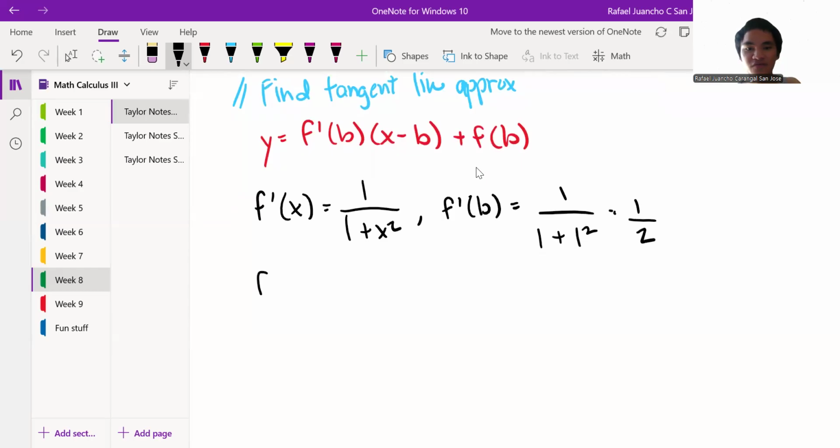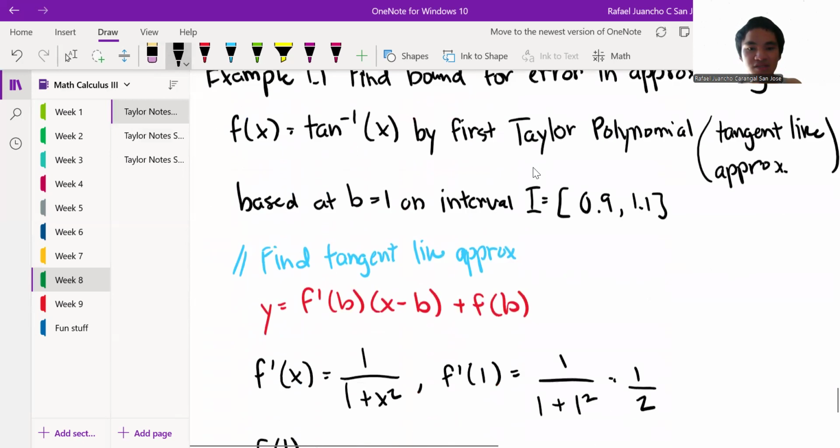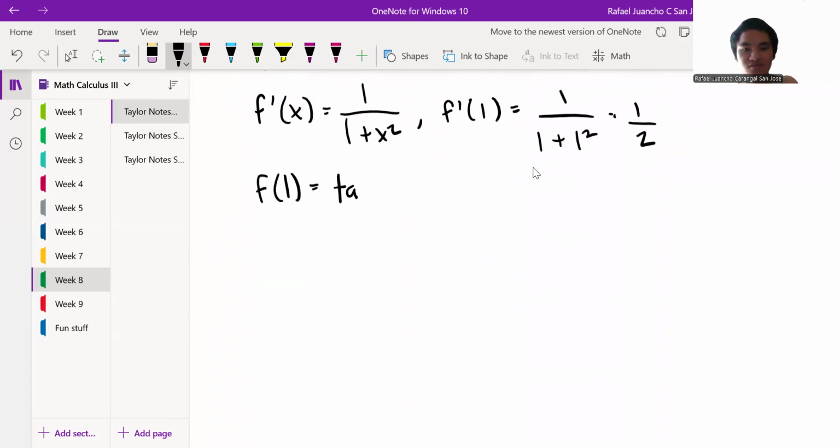Also, what's my f of 1? F of b. I wrote b, but b is already 1. My f of 1 is tan inverse of 1, which I believe is, I don't know what that is. Calculator. My tan inverse of 1. Well, it's not an exact number. Is it just 5/4 or something like that?